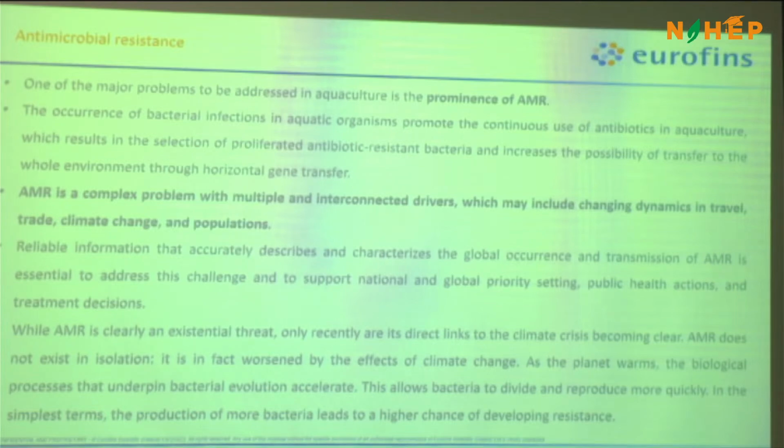Then antimicrobial resistance is one more area which is talked about, but not much in the plant sector. But this is a very important factor for the antimicrobial resistance we deal with in hospital samples, with human samples.